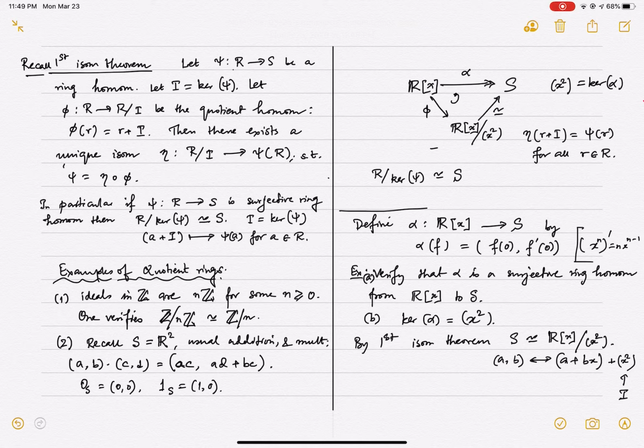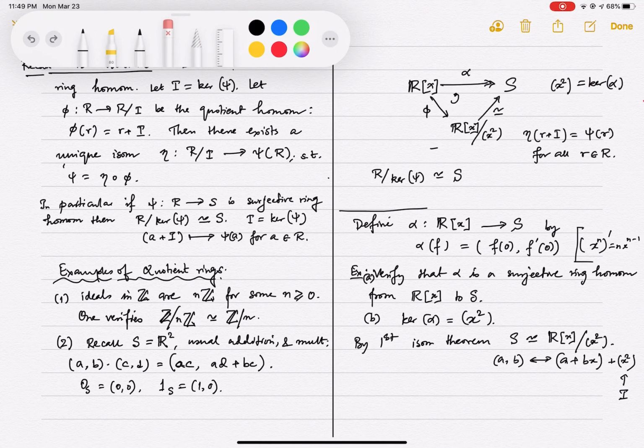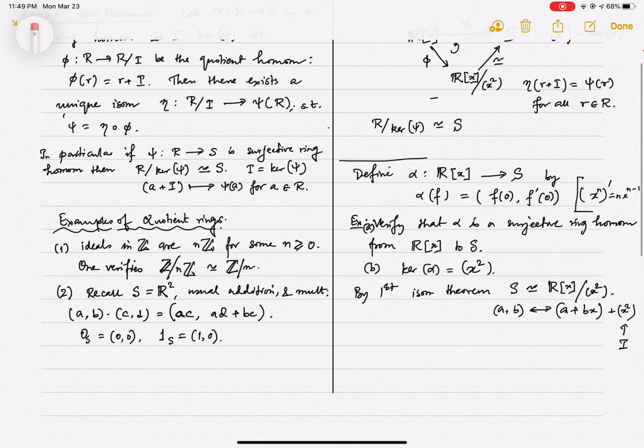Okay. So let's just check a sketch of B. Why is the kernel x squared?